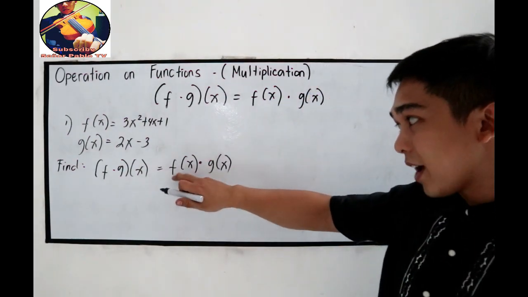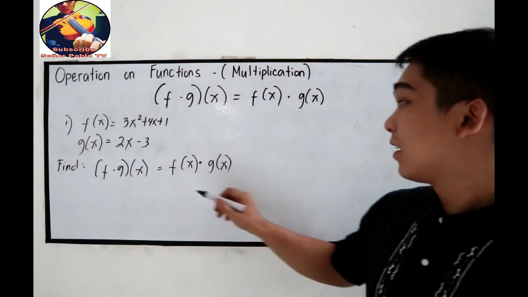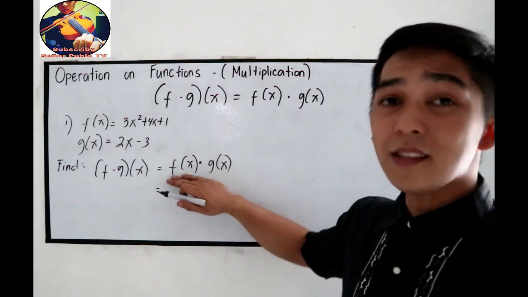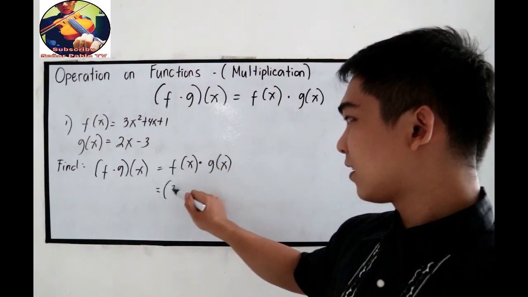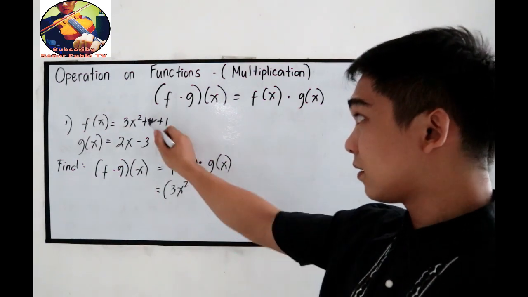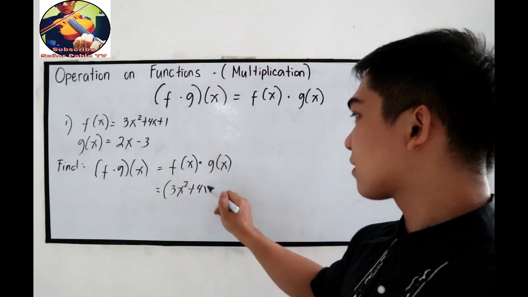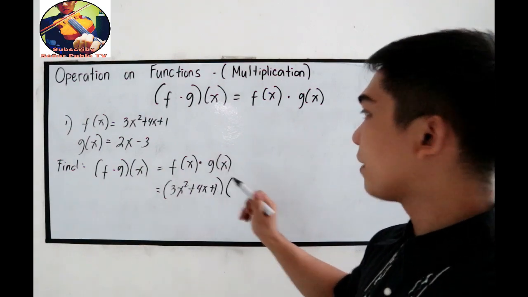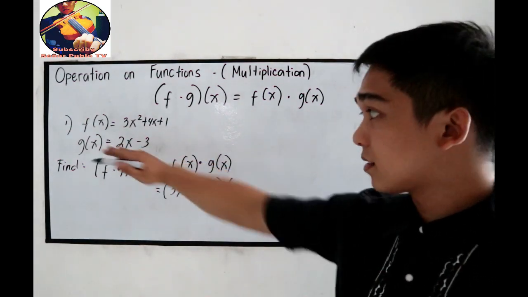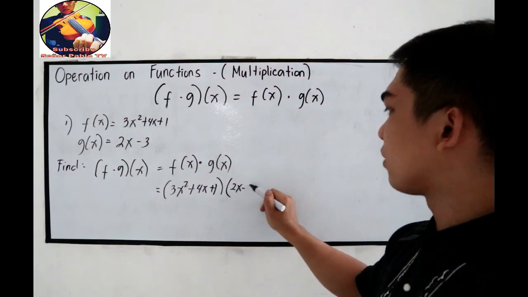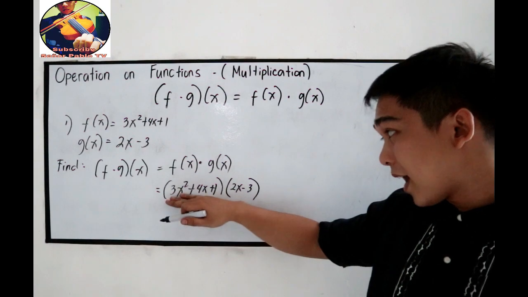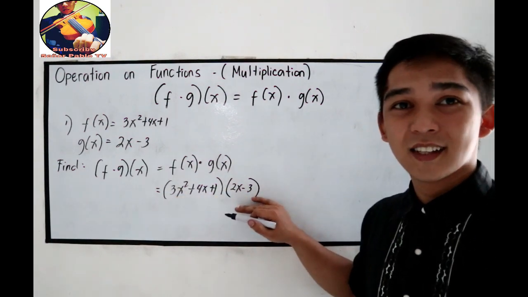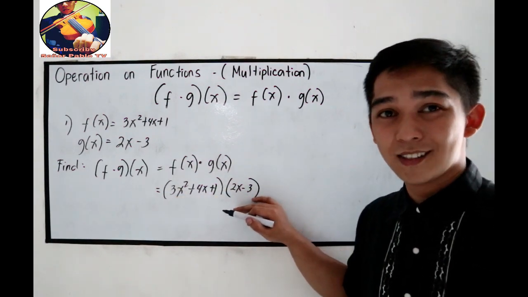Base dyan, f of x times g of x is equal to, then substitute natin. F of x is 3x squared plus 4x plus 1 times g of x, 2x minus 3. So, mag-multiply tayo ngayon ng trinomial tsaka ng binomial. So, we need to use FOIL method.